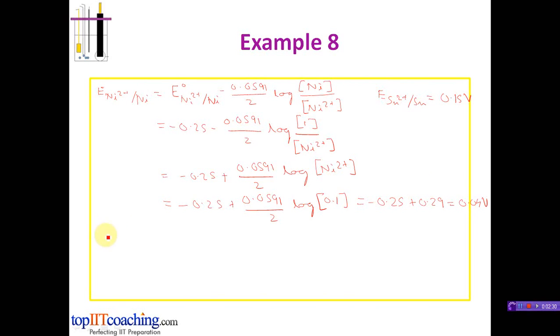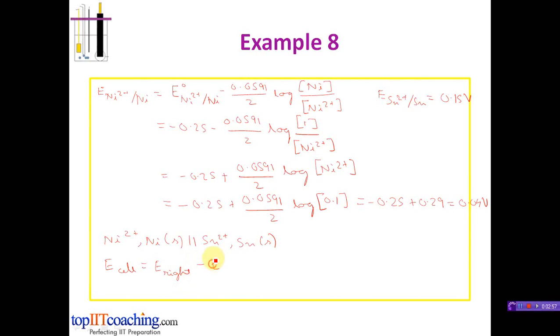And the half cell of nickel will form the anode where the oxidation takes place. So we can represent the cell as nickel 2+/nickel, that is the anode, slash Sn2+/Sn solid, that is the cathode.